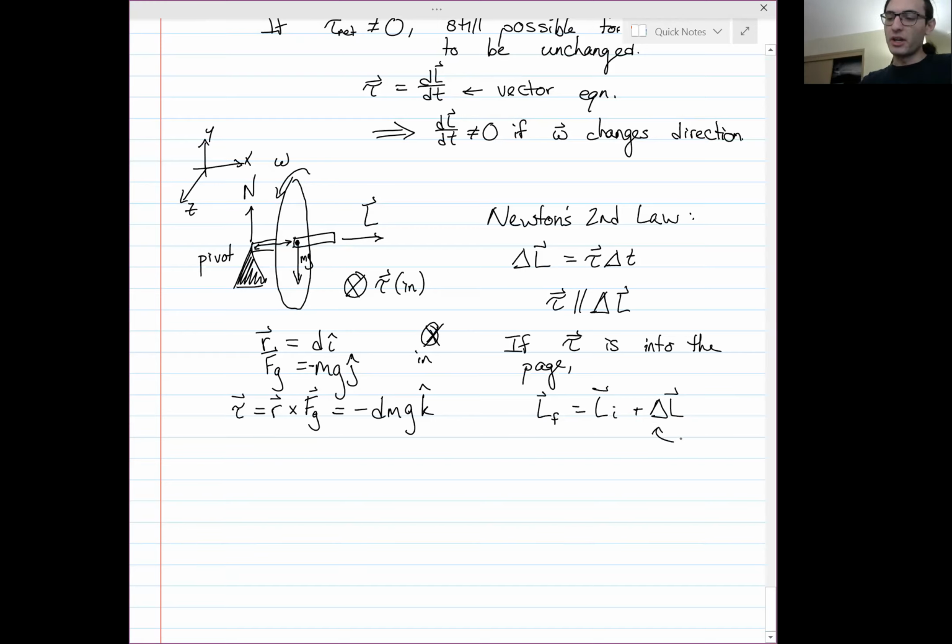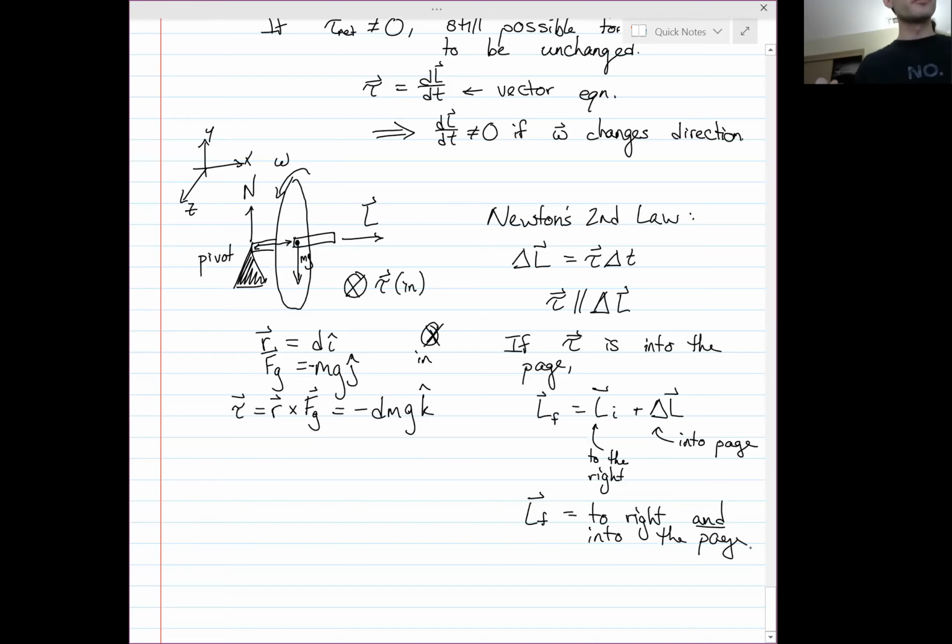Delta L is into the page. Li is to the right. And so LF is to the right and into the page.